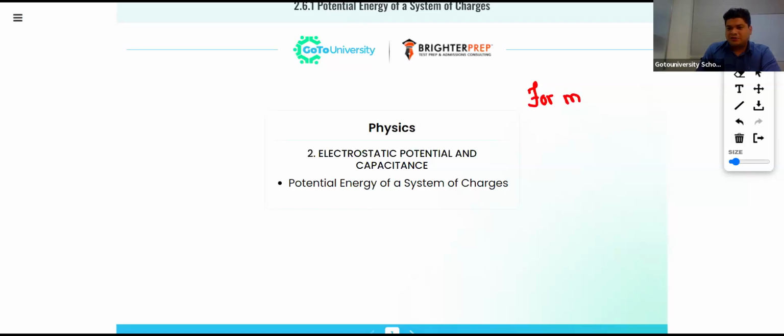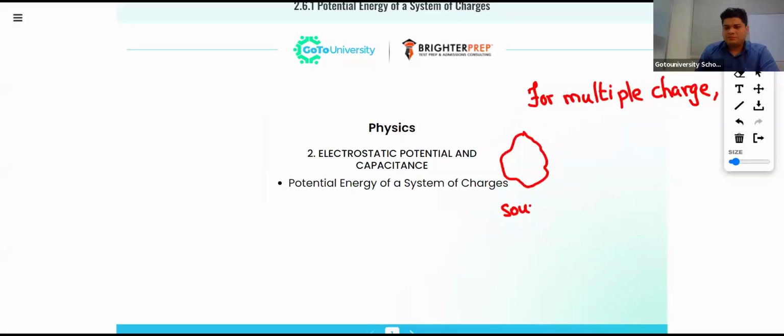For multiple charges, let us consider the same example that we have a source here, and here we have an electric field.